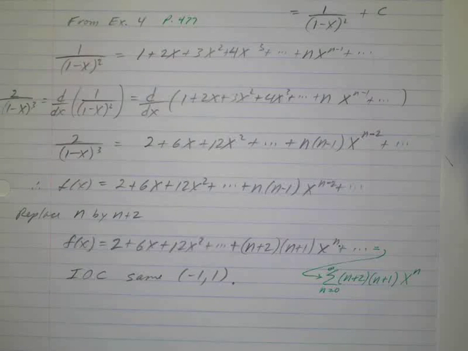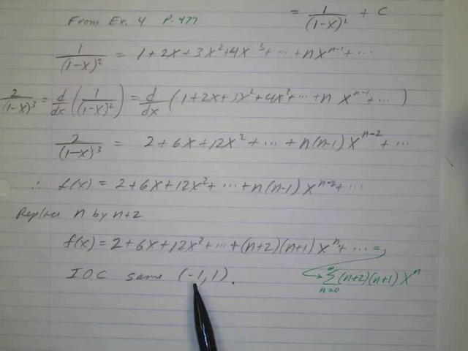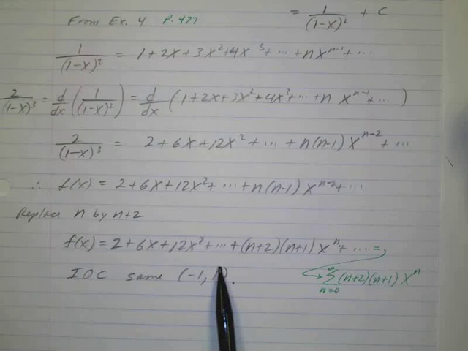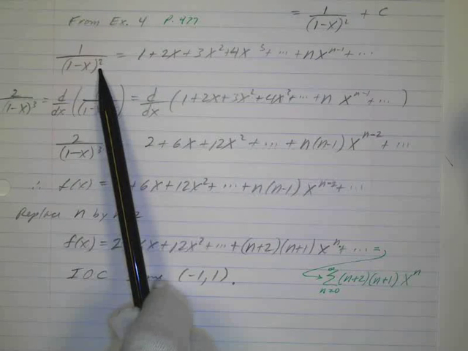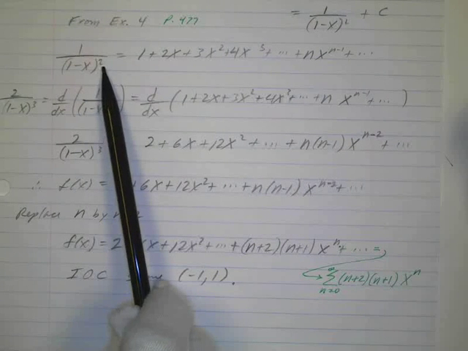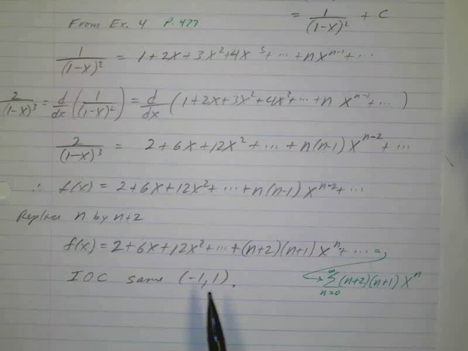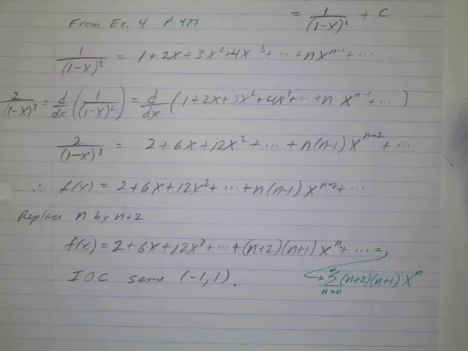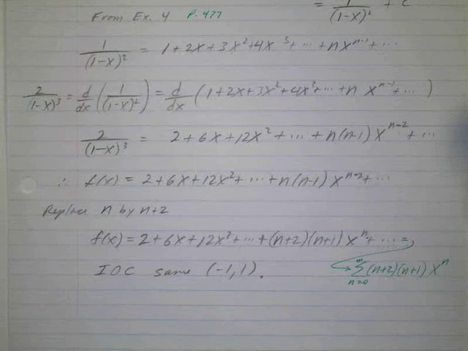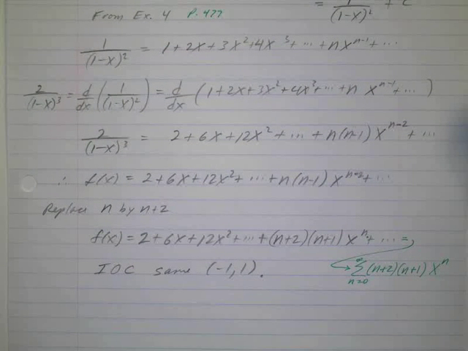My ratio is x, so that's going to be between negative 1 and 1. That's the interval of convergence. So this function that we got had the same interval of convergence, because we're still just taking the derivative of these series. Okay? So that was number 64.